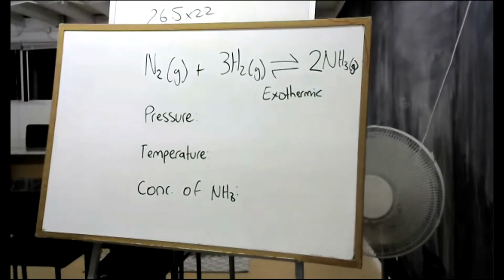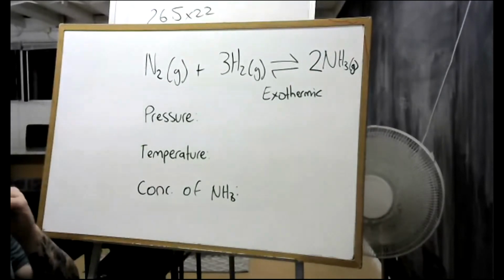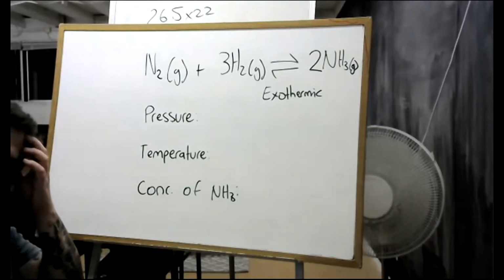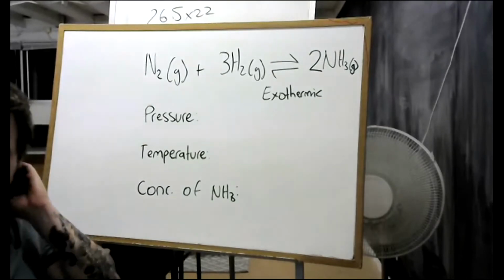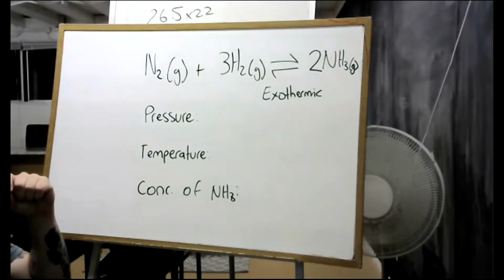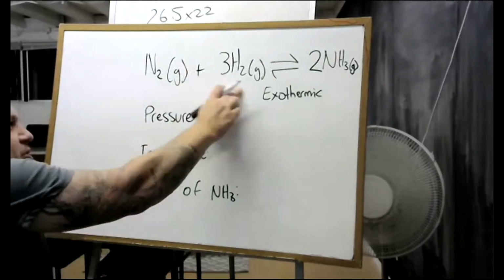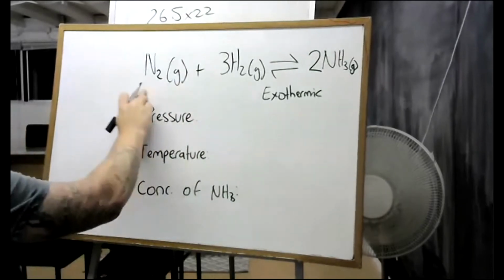What's going to happen if I drop the pressure? What's going to happen to the equilibrium if I drop the pressure? Which way is it going to go? So there are more gas molecules on the reactant side.